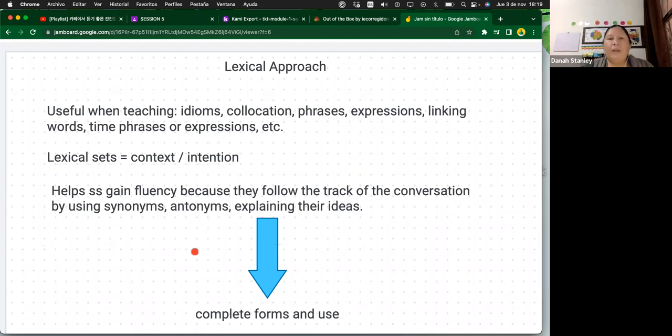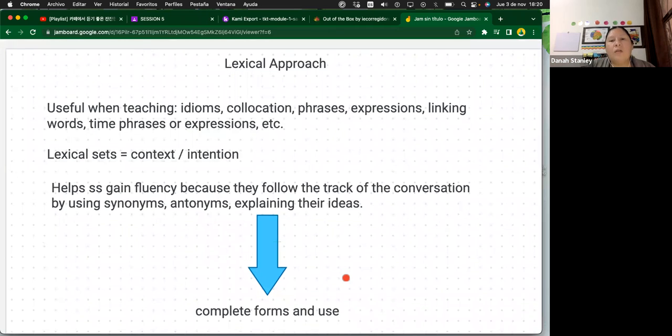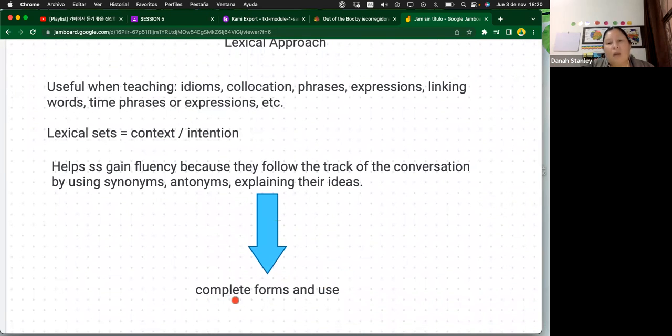And in here, what they are going to learn is to make this substitution. If I don't know how to say, well, I have other lexical tools that help me to transmit exactly the idea that I want to express. So in this case, they complete the forms and the use of the phrase or the chunks of grammar.